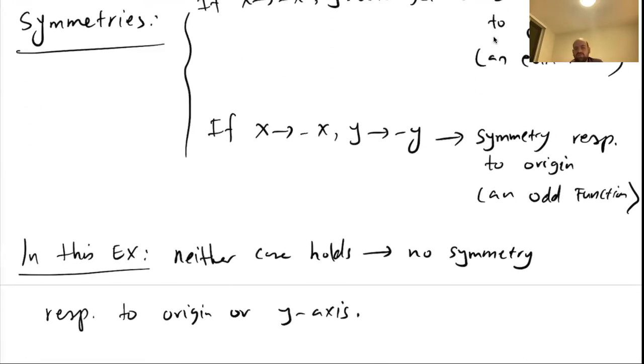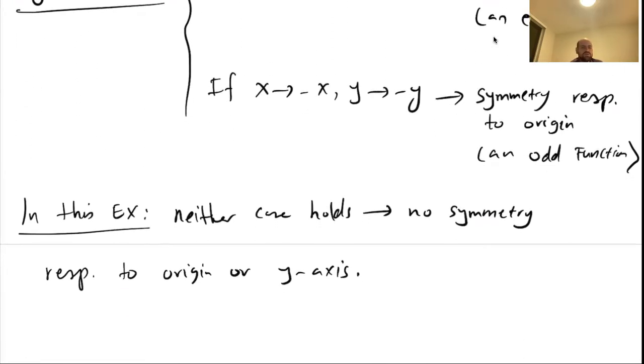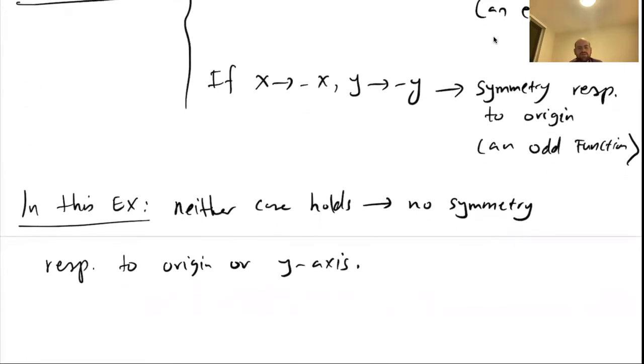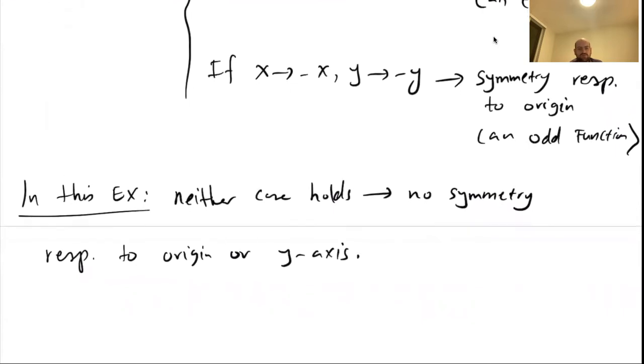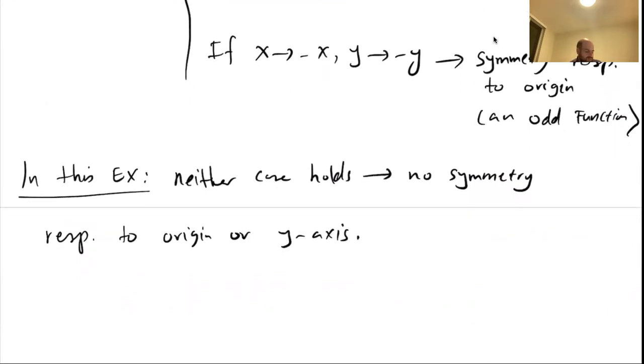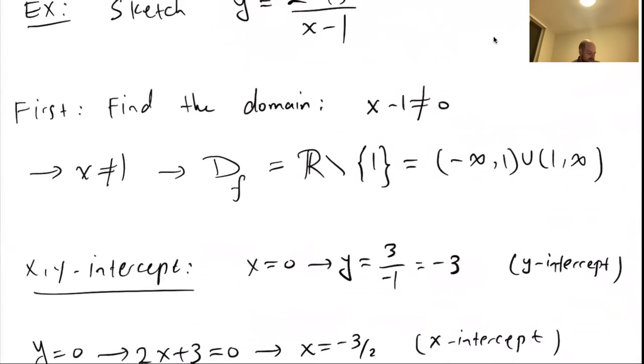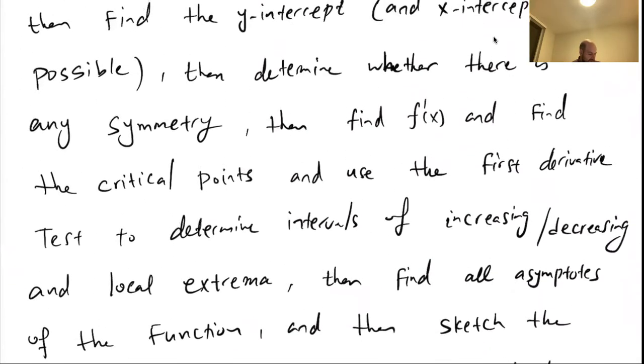So if there is an obvious symmetry, of course we'll use it. Otherwise, we don't have to search for all types of possible symmetries, because that's a different type of problem, and I would have to explain a lot more. So no obvious symmetry.